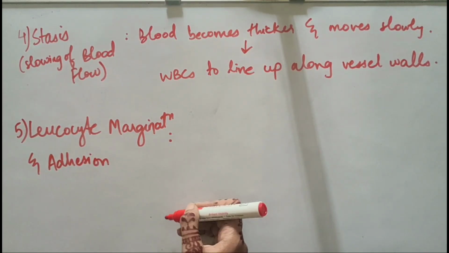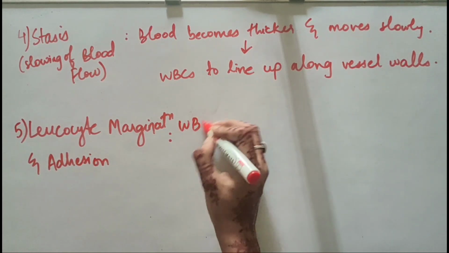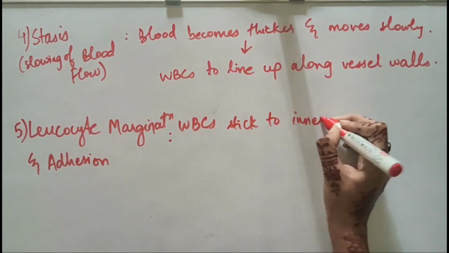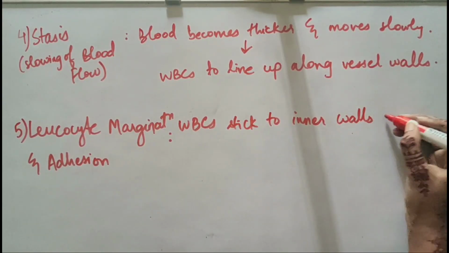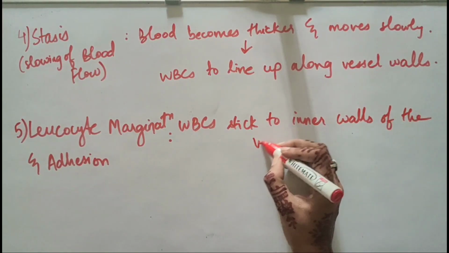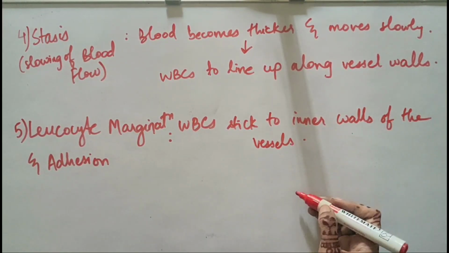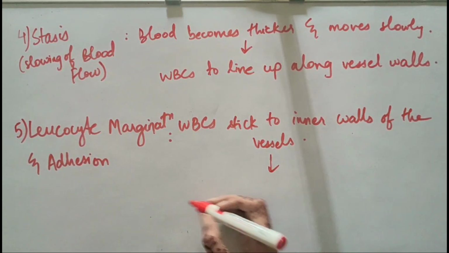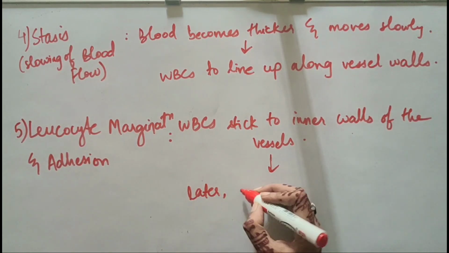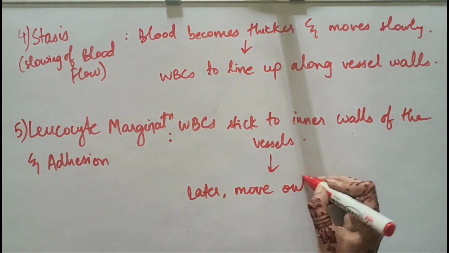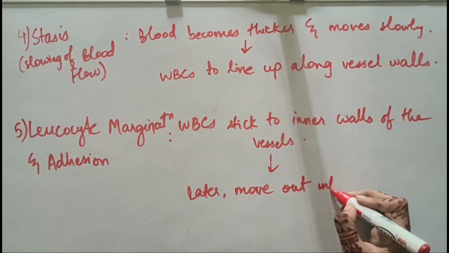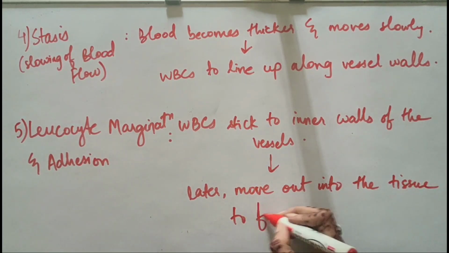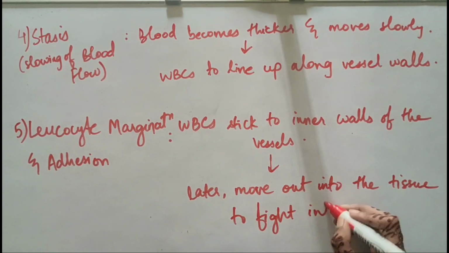So what happens here is WBCs stick to the inner walls of the vessels, and later they move out into the tissue, the WBCs move out into the tissue to fight infection.